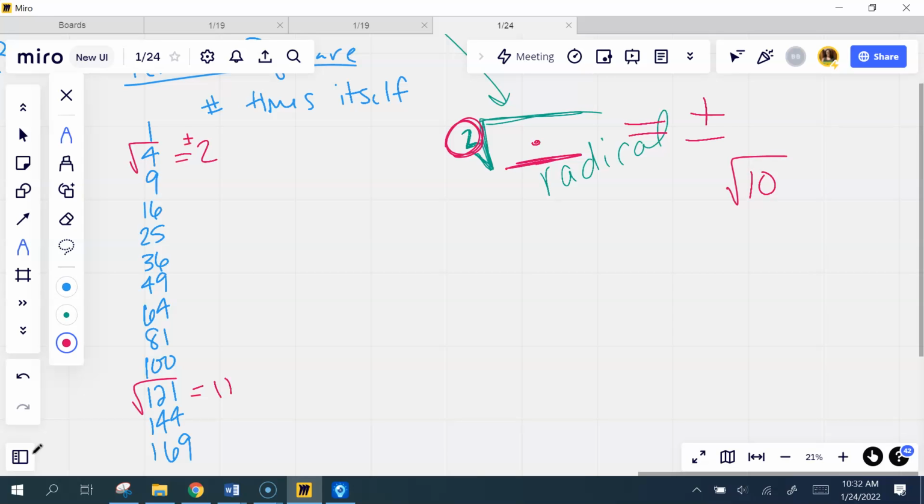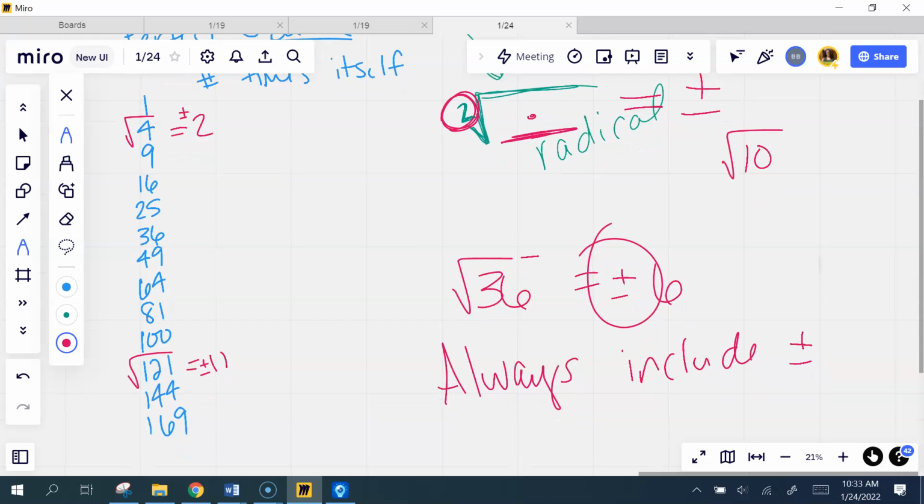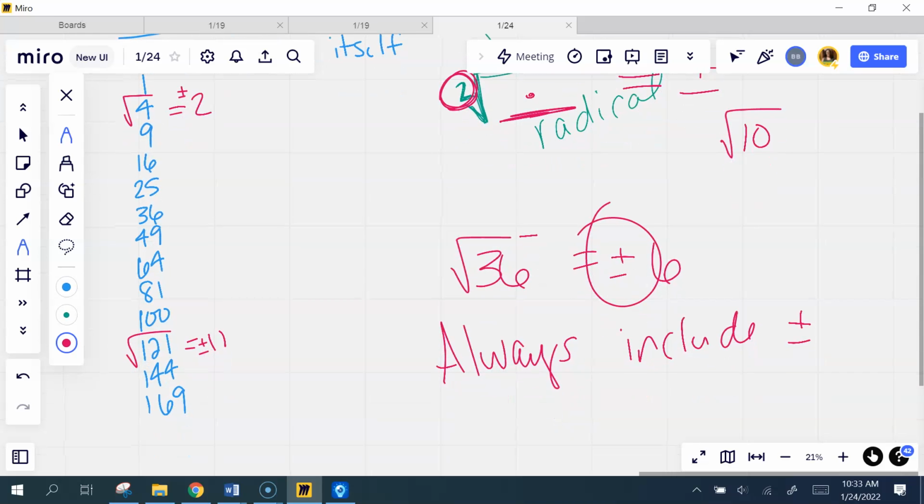So this is actually this. So if I said, what is the square root of 36, what would you tell me? Plus or -6. You do both, okay? So anytime you're asked for a square root, we're always going to include plus or minus in our answers for radicals, okay?